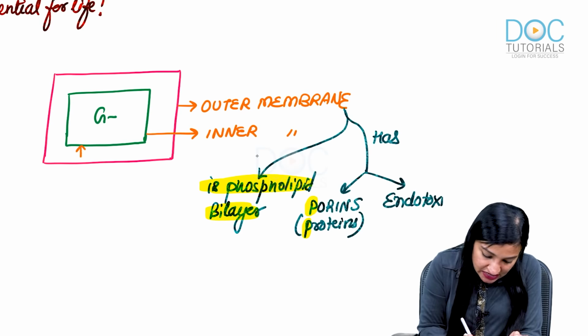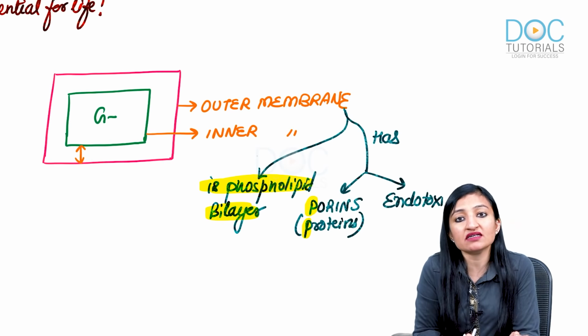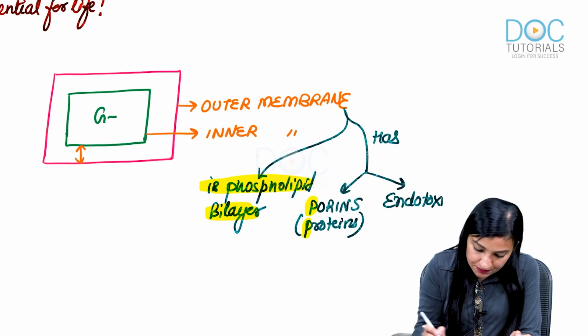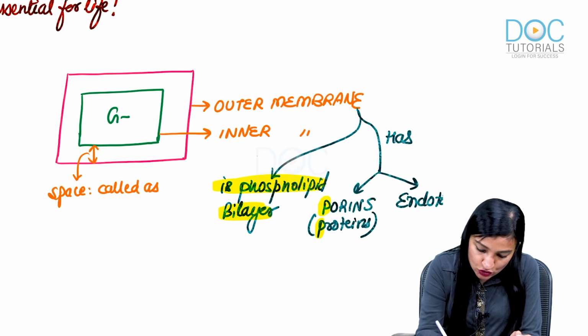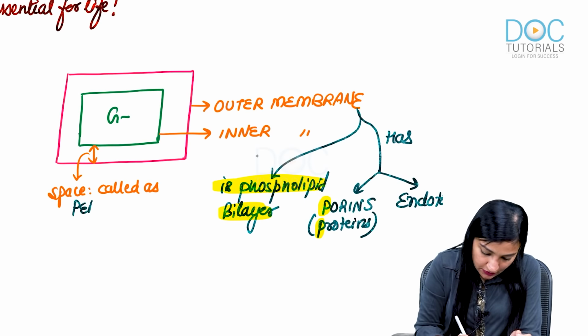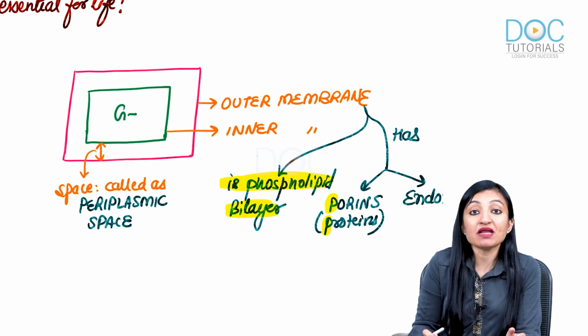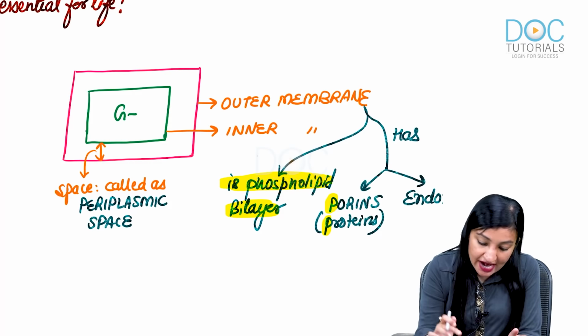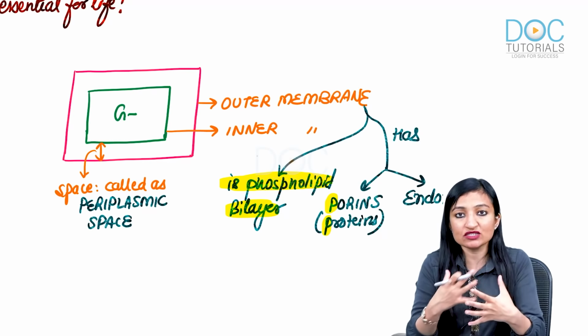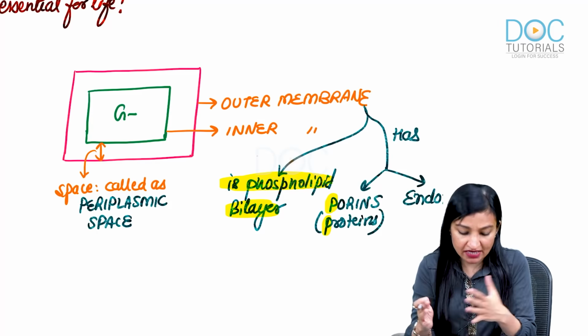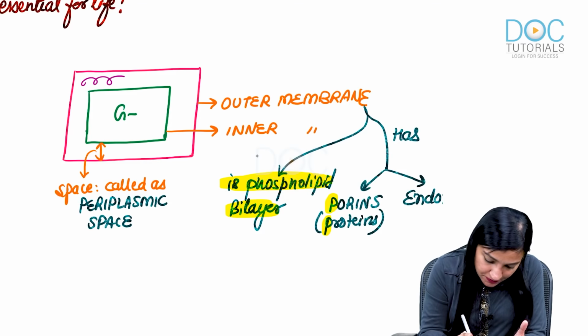And this space between the two membranes, the inner and the outer membrane, is known as the periplasmic space. And this periplasmic space, because it is a space, is going to lodge something in it. What is that something?